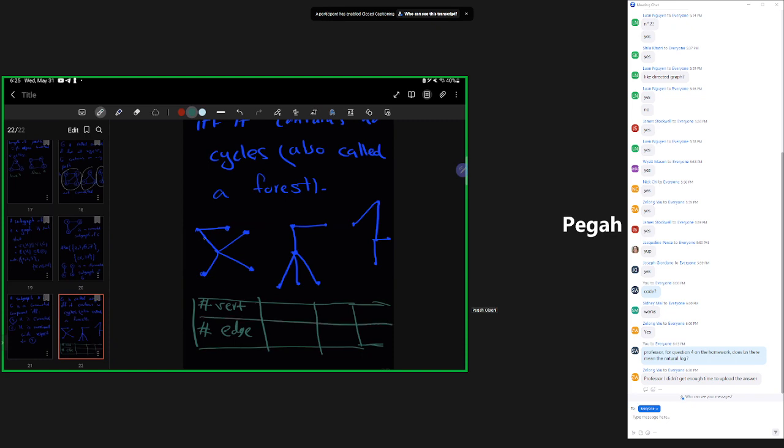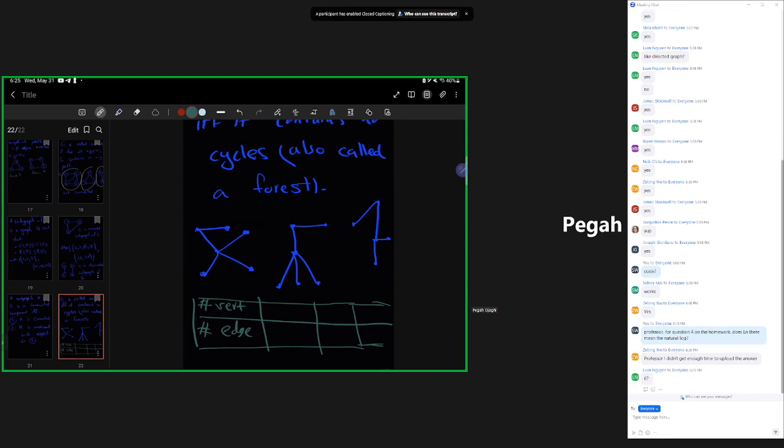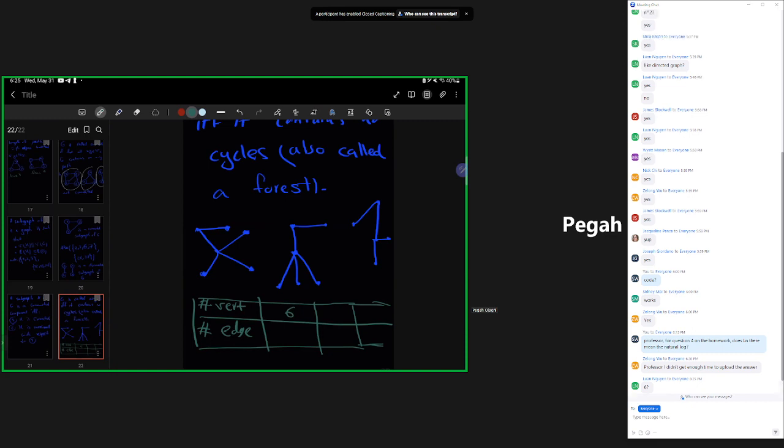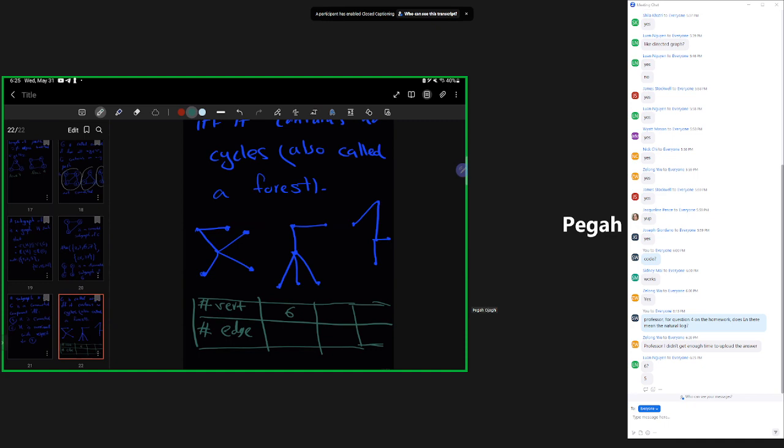So for the first one, how many vertices do we have? Yes, we have 6. And how many edges do we have? Okay, correct, 5. How about the other one?